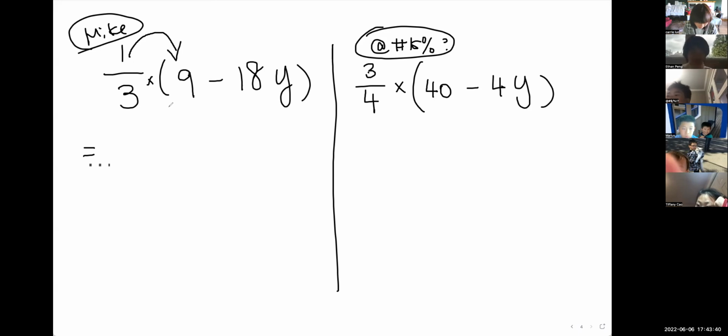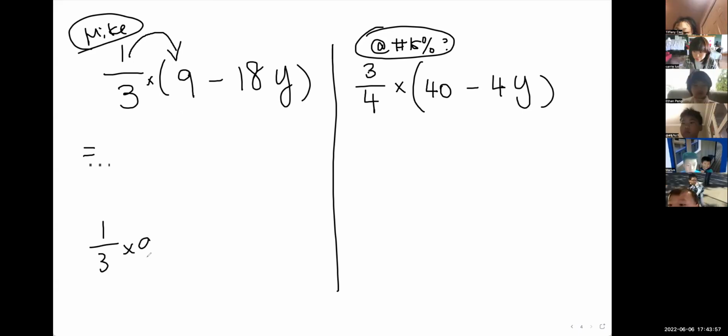1/3 times 9. Think about it, 1/3 times 9. Maris, can you help him? Okay, Tiffany, can you help him?